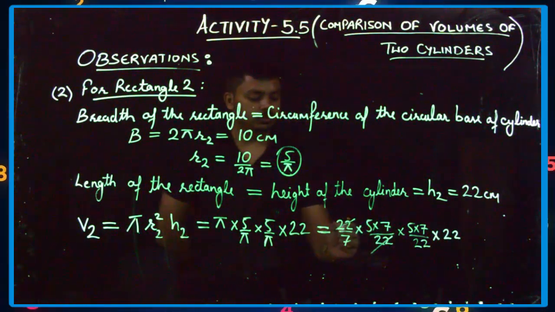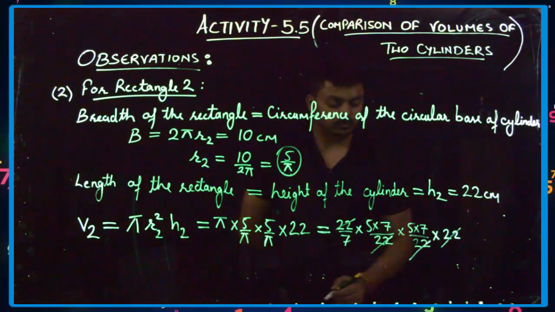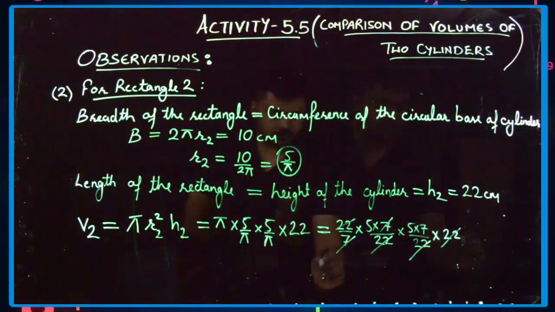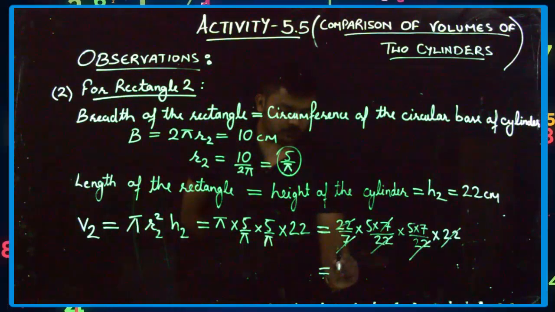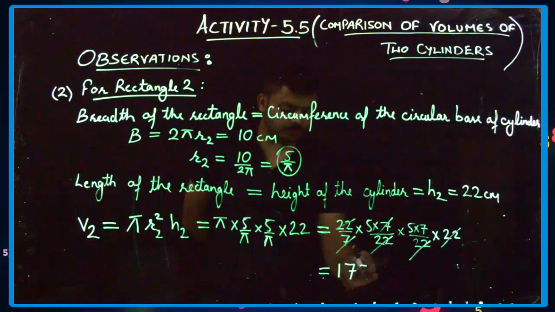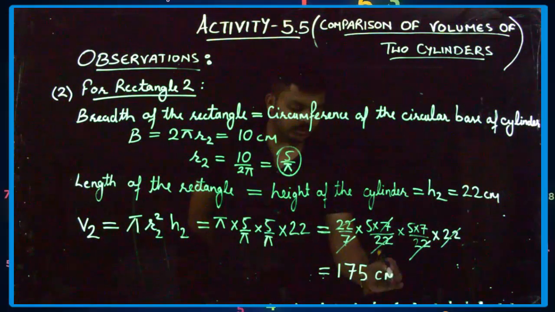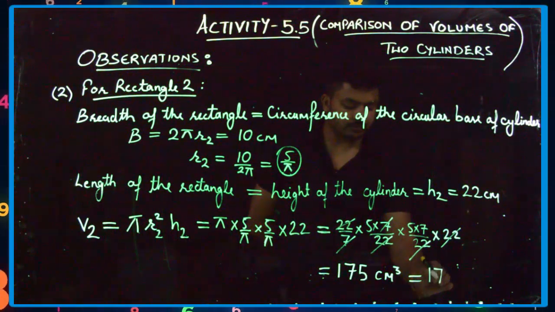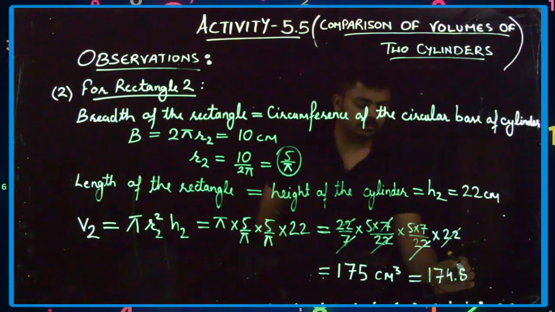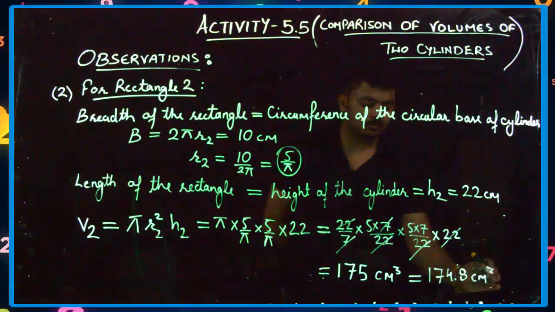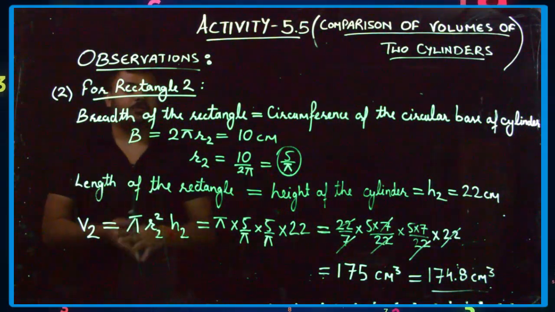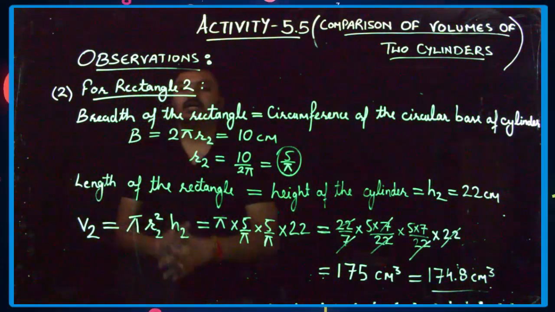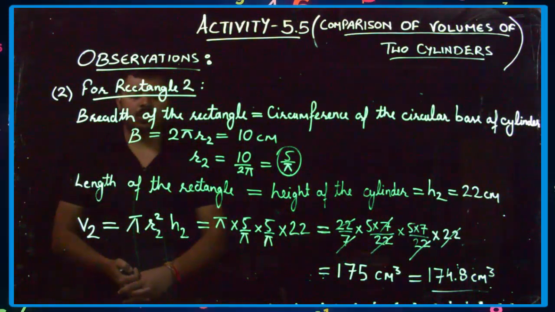So cancel 22 by 22 and 7 by 7, we get 175 centimeter cube, and accurately if written it is 174.8 centimeter cube. So in this way we have found the volume of the cylinder formed by rectangle 2 when it has been curved along its breadth.